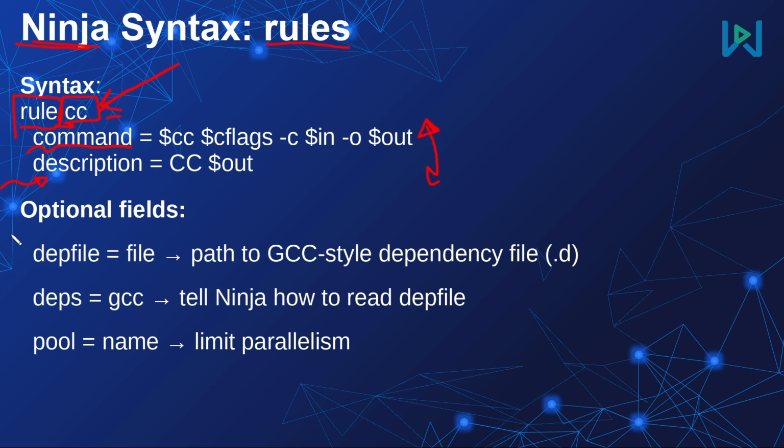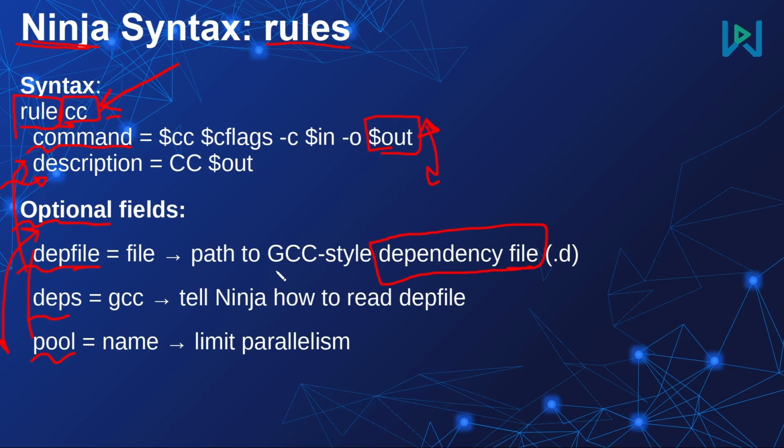Nevertheless, we can have certain optional fields specified for any Ninja-based rule. We have the depfile, deps, and pool built-in Ninja variables to be used within our Ninja rule. The depfile is used to specify the dependency file where we are storing the full list of the sources needed to be recompiled to create our output binary.